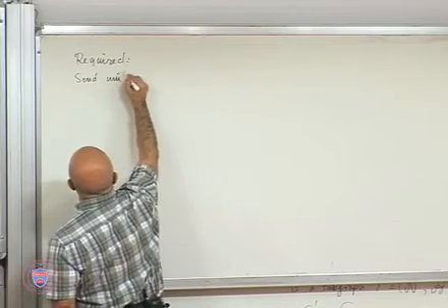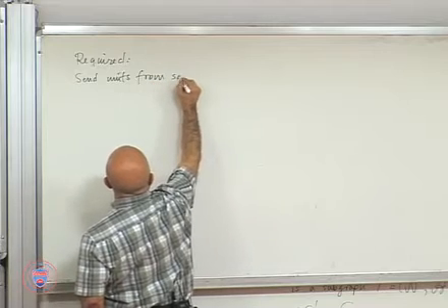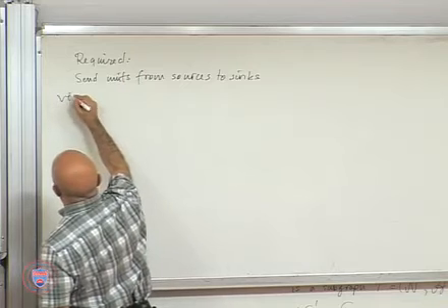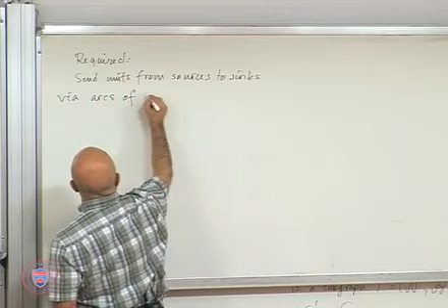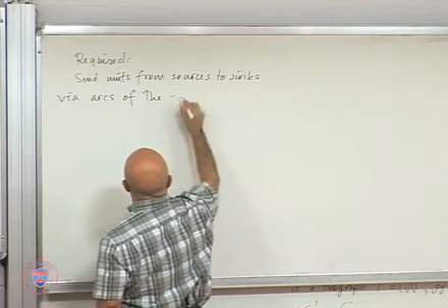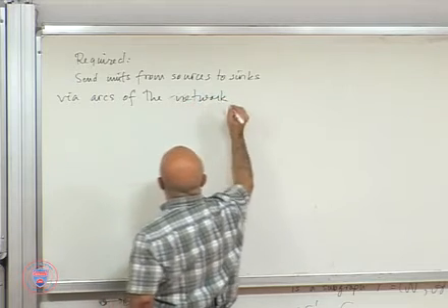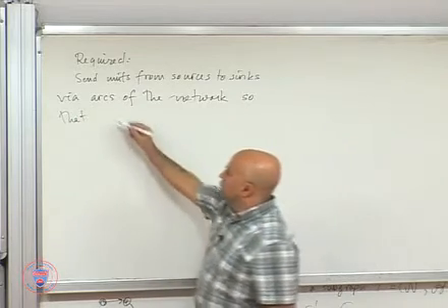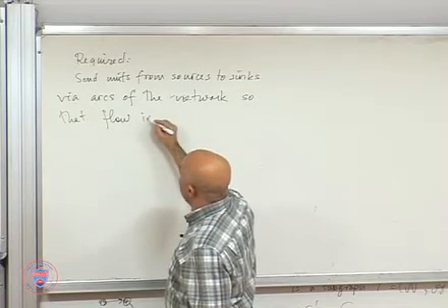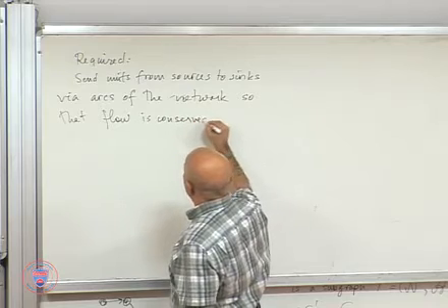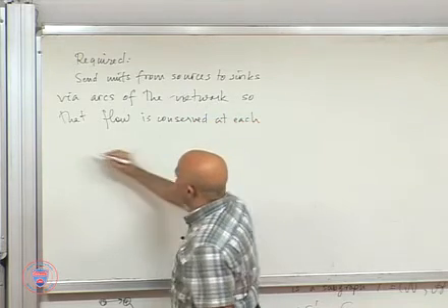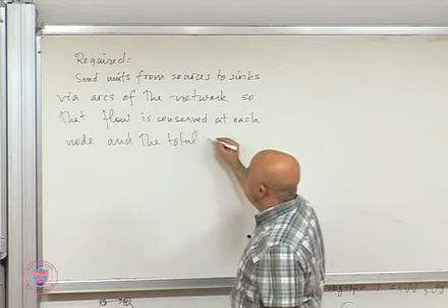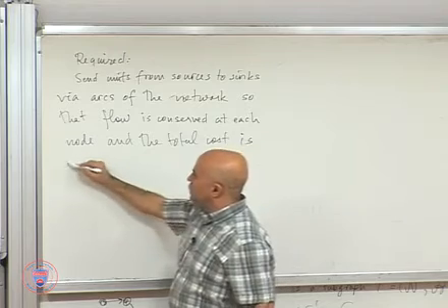Send units from sources to sinks via arcs of the network so that the total flow is conserved at each node and the total cost is minimized.